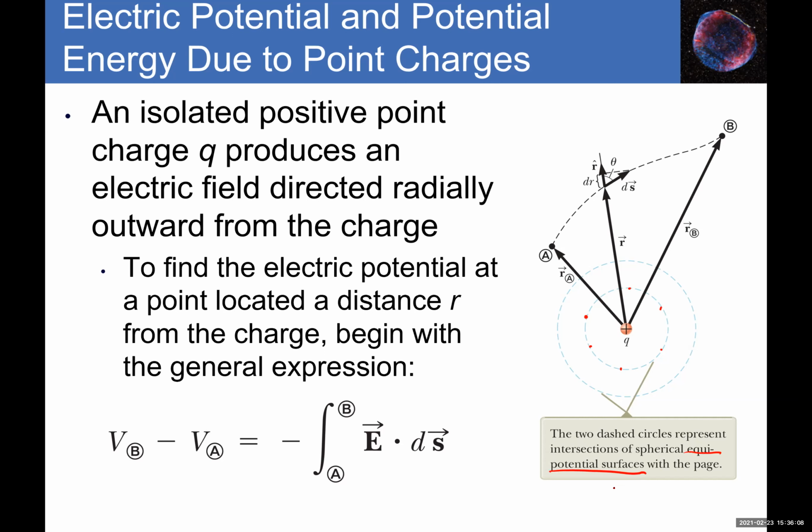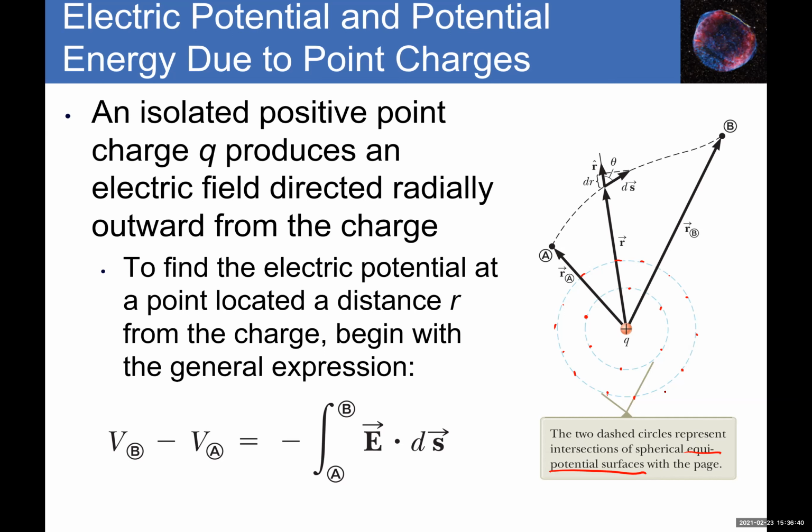You can think of it as three-dimensional, like a sphere surrounding that charge Q. Then you can say that the potential is exactly the same everywhere on that surface. So that's why they are called equipotential surfaces. The same thing is here. It's also an equipotential surface, one surface where the potential is exactly the same. That means all this region is filled with potentials like that.